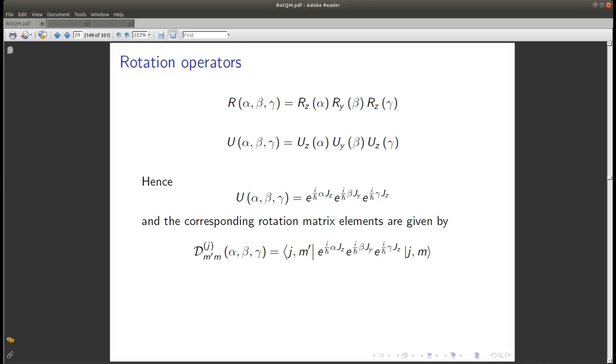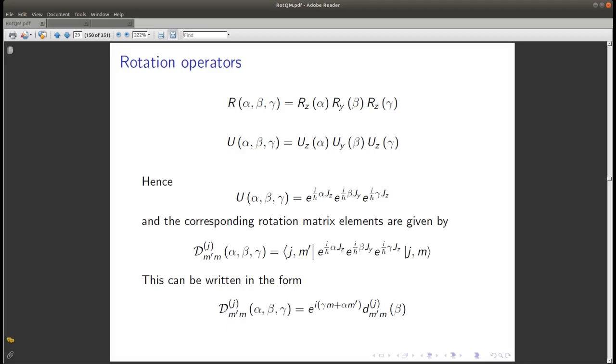These two exponential Jz operators give you this exponential term, and the rest of the factors, small d j m prime m beta, depends only on one angle beta, and this is simply nothing but the matrix element between Jm prime and Jm of the exponential of I by h cross beta Jy.